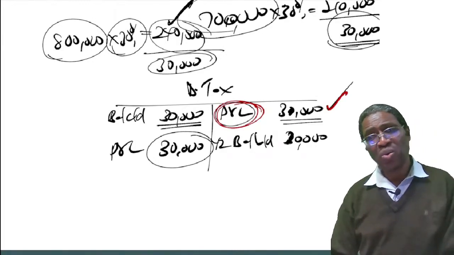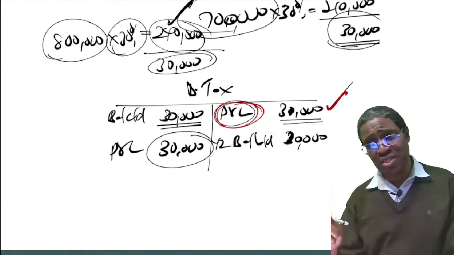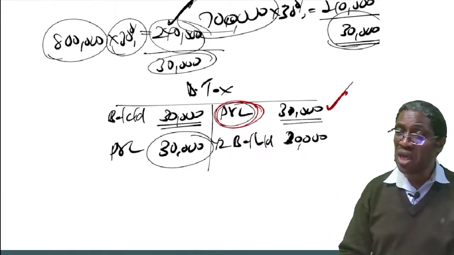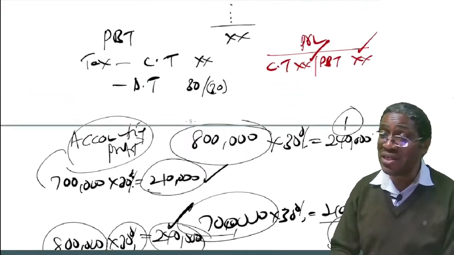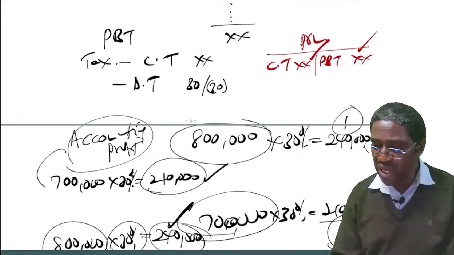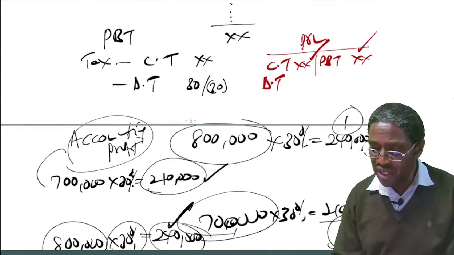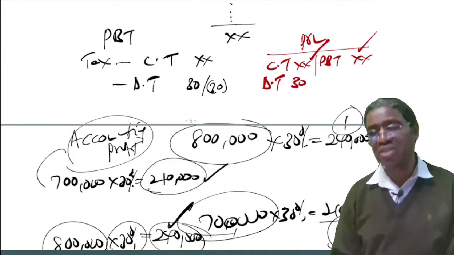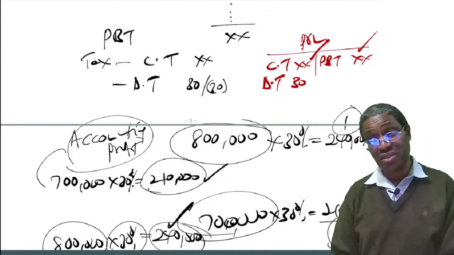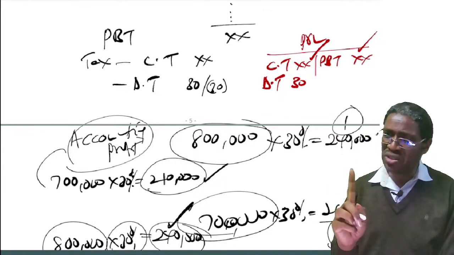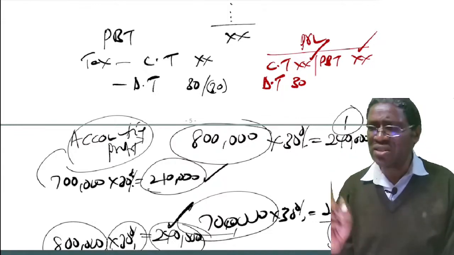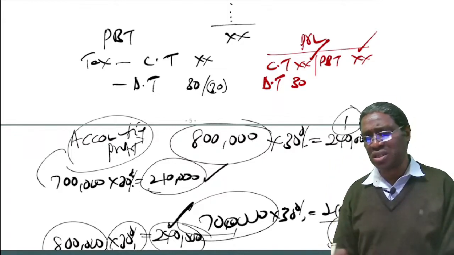When I credited deferred tax by 30, it means I must go and debit P&L by 30. So in the P&L account here, I'll come and say a deferred tax, how much? 30. I debit. Now listen. You are debiting P&L account when already there is a current tax in that account.